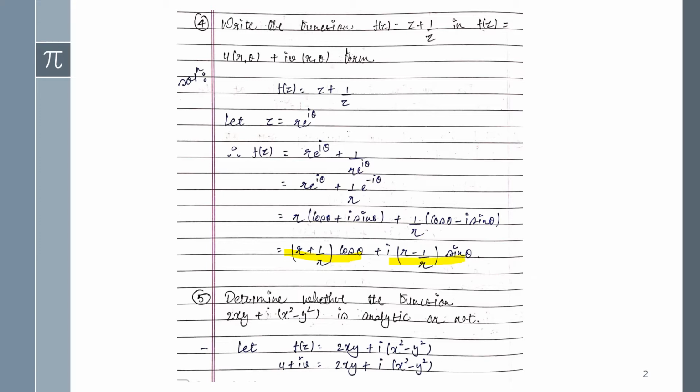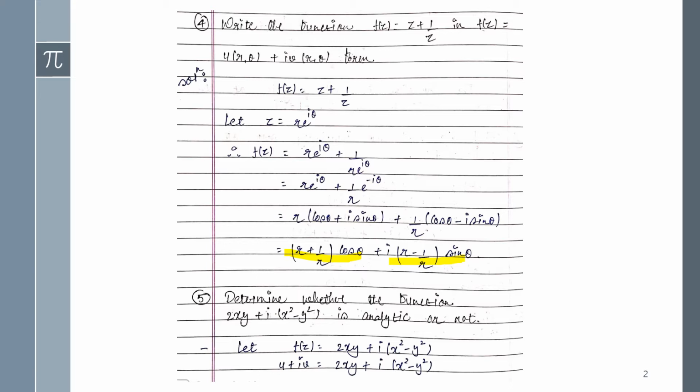Now see the next one: determine whether the function 2xy plus i into the bracket x square minus y square is analytic or not. See here, you have to check whether it is analytic or not.